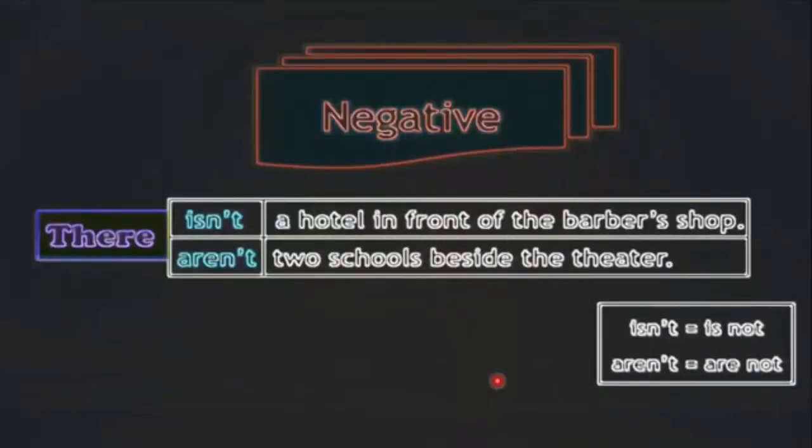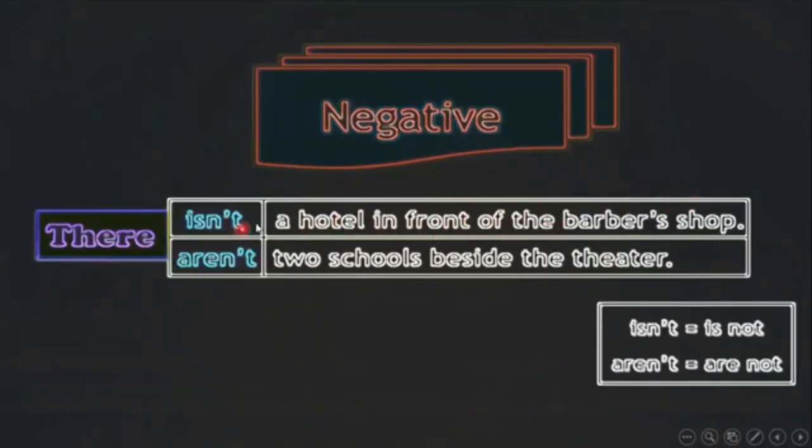Now, learn together how to make negative sentence, okay? With there isn't and there aren't. To make negative sentence, only add not after is or are. Only add not or apostrophe t. There isn't a hotel in front of the barber's shop, okay?